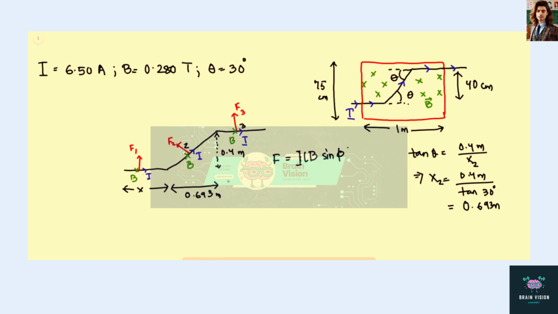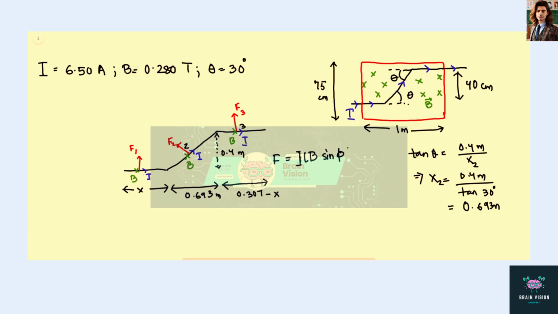Now we know the total length, which is 1 meter, so we can subtract the sum of these two lengths from the total to find the length of the segment. So that will be 0.307 minus x. So x comes from this factor.